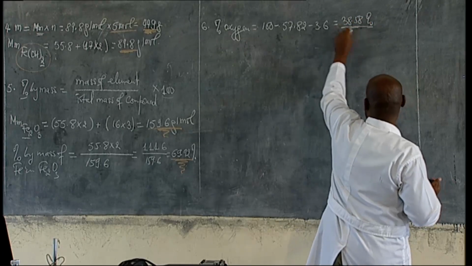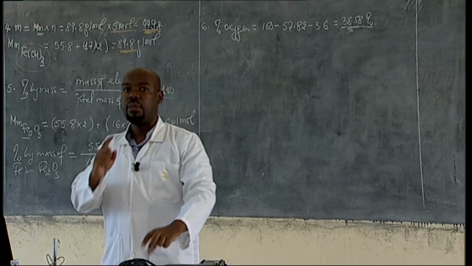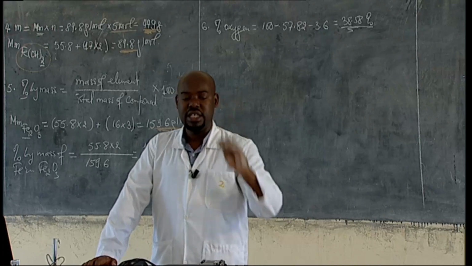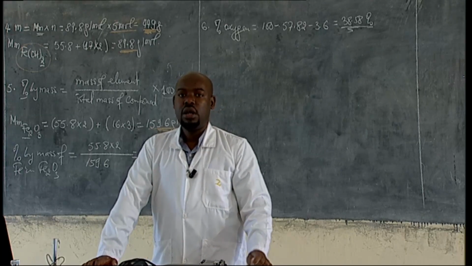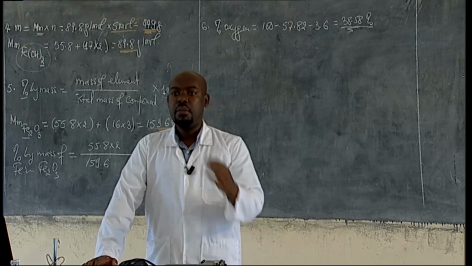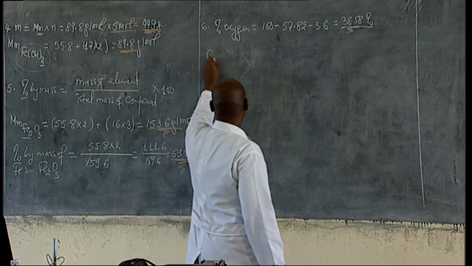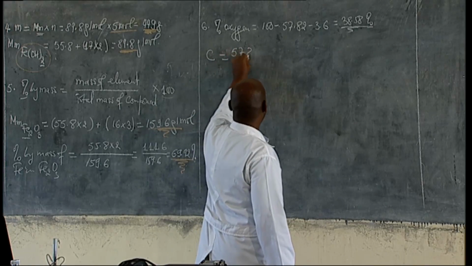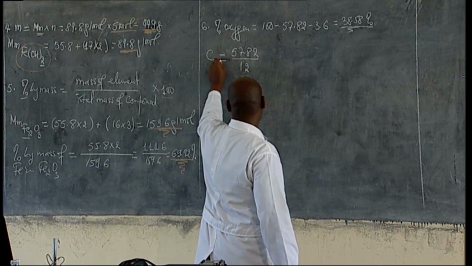38.58%. That is for oxygen. Now, with the percentages, remember, we said that these percentages are the masses in a sample of 100 grams. So we can use these masses over the molar mass to find the number of moles. For carbon, we have 57.82 over 12.